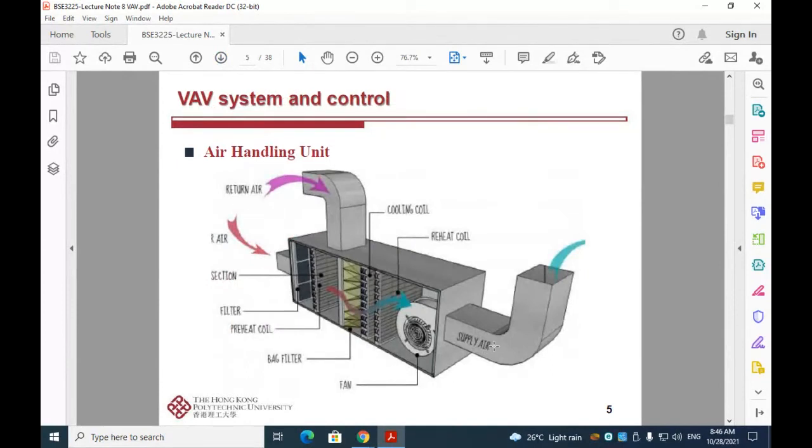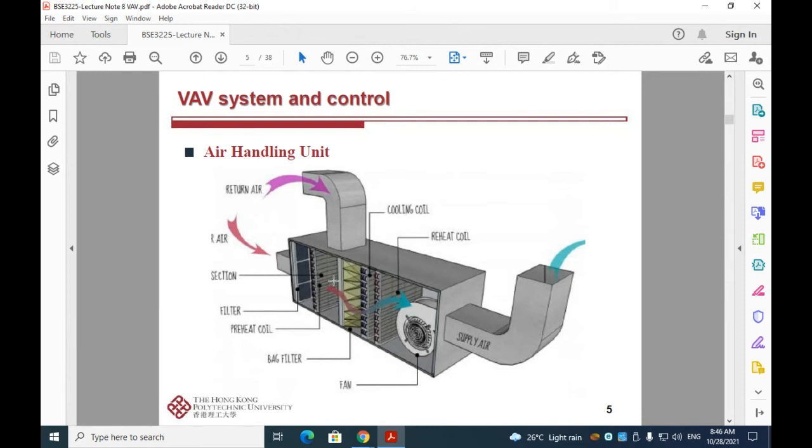First of all, we will be looking at the air handling unit of a VAV system. We can see that it's quite similar to the air handling unit of a CAV system. The fresh air is first induced into the air handling unit, and we have a filter to clean the outside air, and then the outside air will mix with the return air.